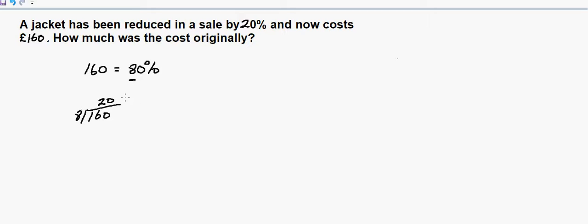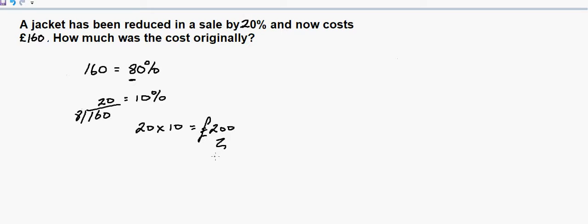So 20 is 10% of the original cost. Now we like 10% because if I multiply this by 10, I get 100%. So 20 multiplied by 10 gives me £200. So that is the original cost.